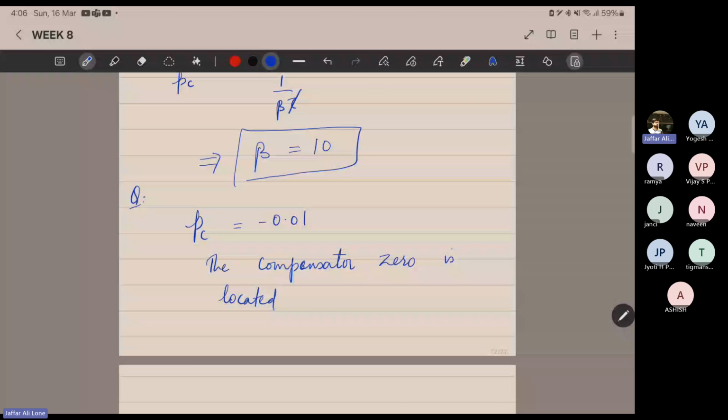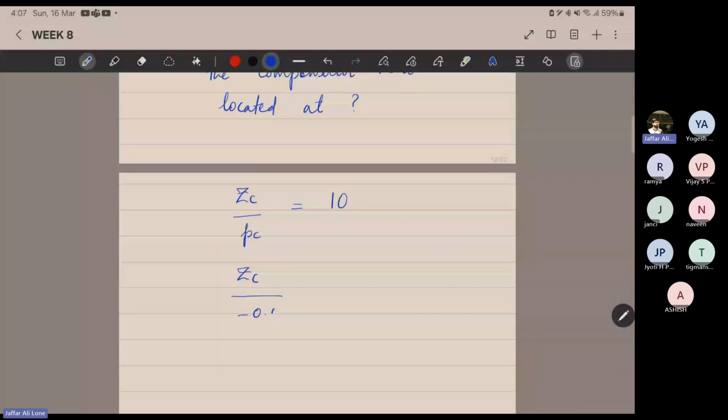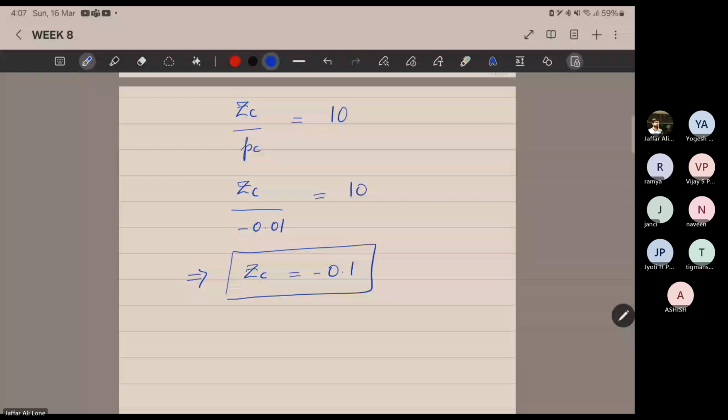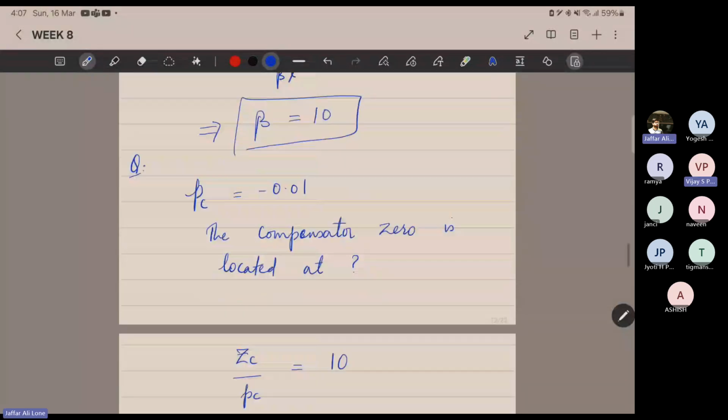So you're given PC as minus 0.01 and you have to find the compensator zero. Again, you know ZC over PC is equal to 10. PC is given as minus 0.01, so ZC over minus 0.01 is equal to 10. It means ZC is minus 0.1. Is it clear? ZC is minus 0.1. These types of questions you will be asked. This is a sub question in the same example, yes.